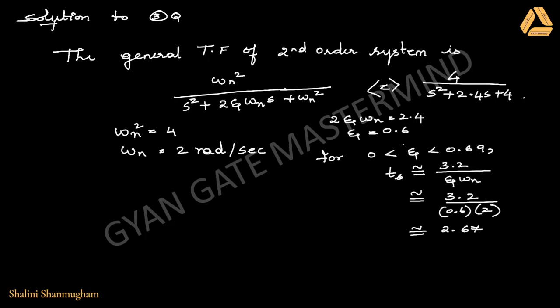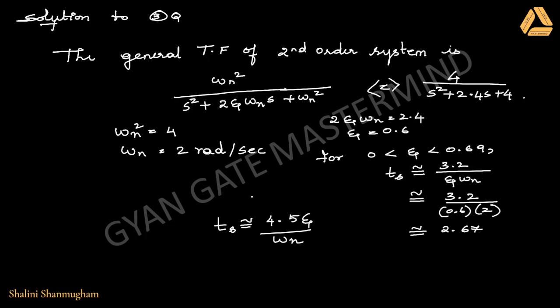Suppose psi is greater than 0.69, we'll be applying another formula for the settling time, which is approximately given as 4.5 psi divided by omega n. So for damping coefficient less than 0.69, the settling time is inversely proportional to the damping coefficient.